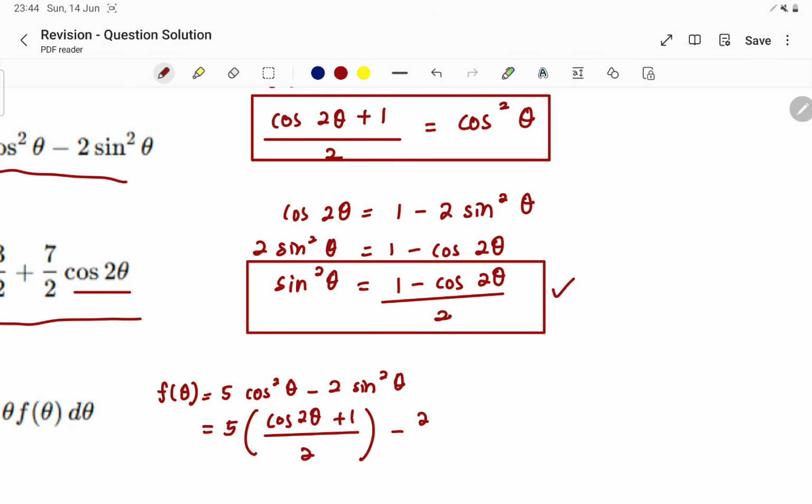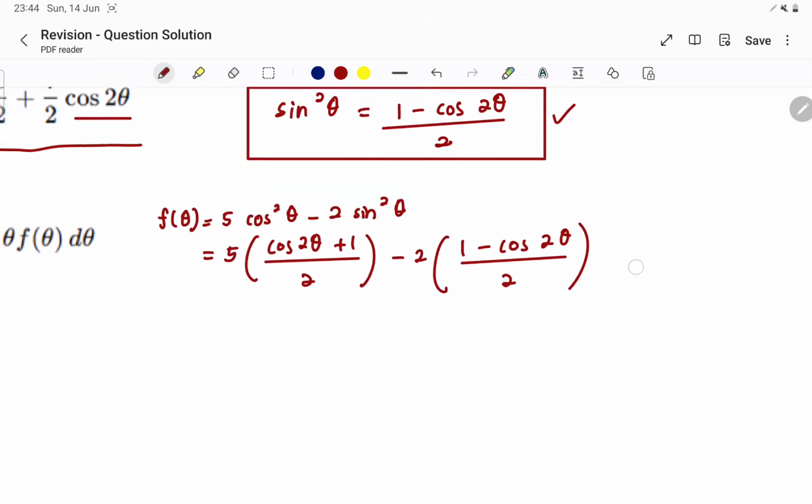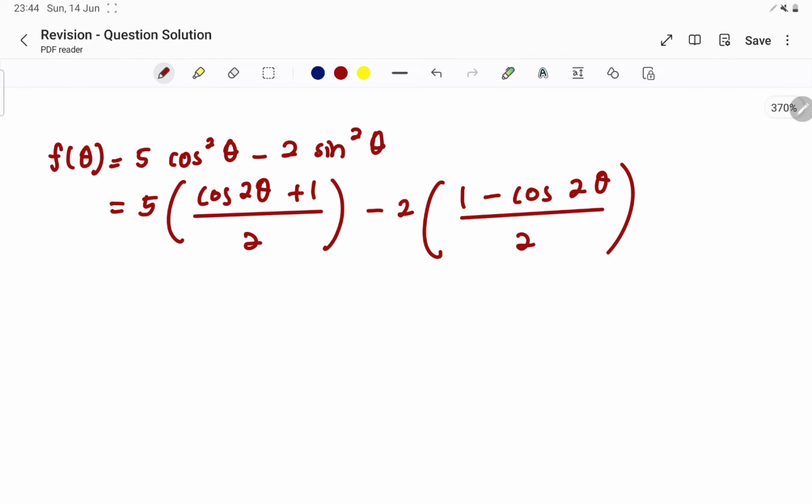Then you're going to get 2 times (1 minus cos 2θ) divided by 2. So from here, what we can do is expand first.